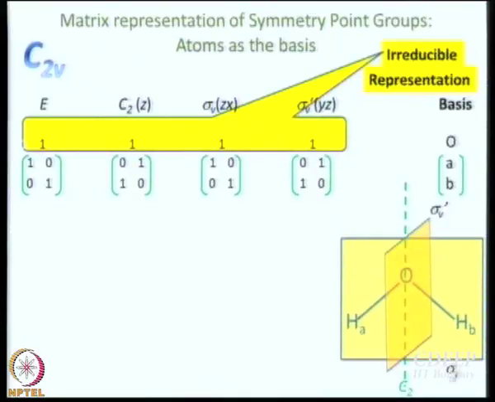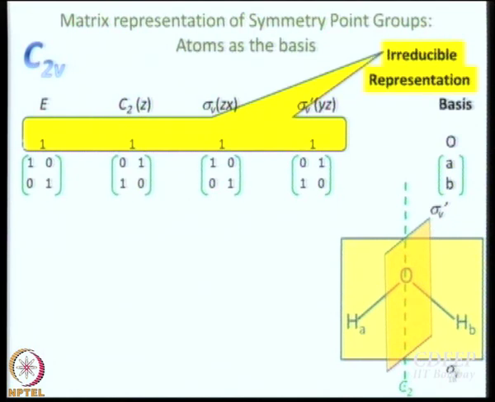Okay. So, write them. So, now what do we have? We have 2 representations. The first one is 1 1 1 1. No matter what you do, this guy is so stubborn that he is not going to change, right? 1 1 1 1. So, this is a 1 dimensional, therefore irreducible representation.